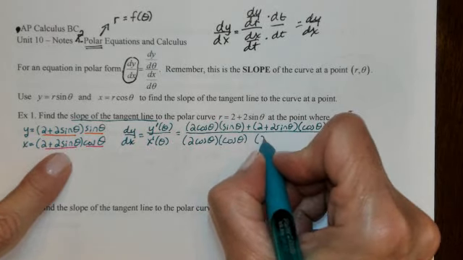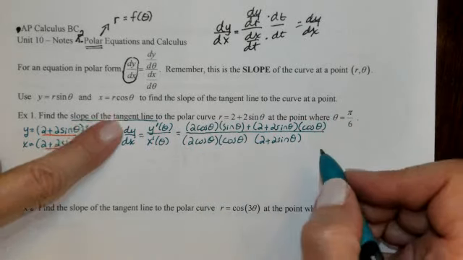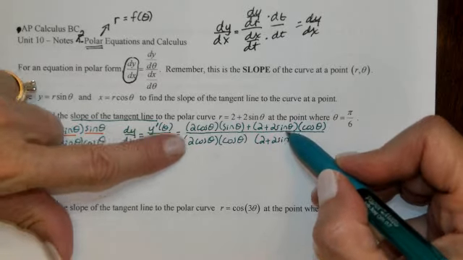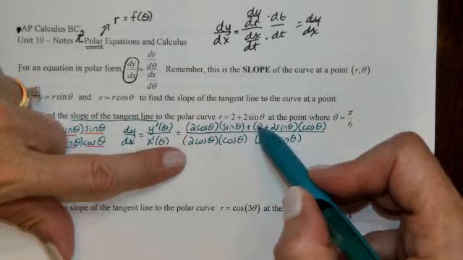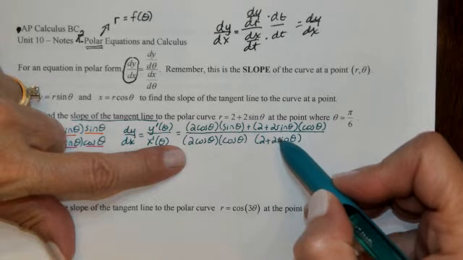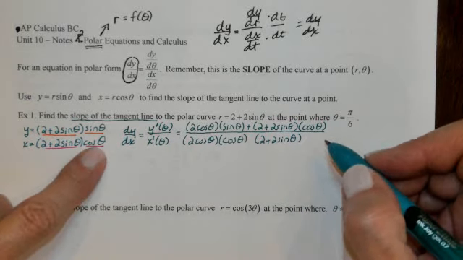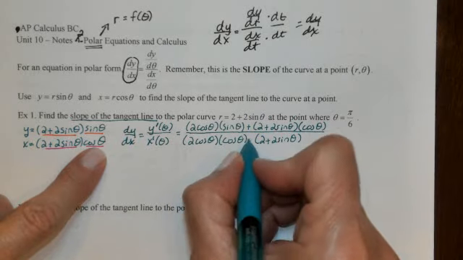Now we're going to leave r alone. So when you're finding dy dx of polars, these two will always be the same, right? Because this is r prime and that's r prime, and this is r and that's r. Okay? And now we're going to multiply by the derivative of cosine theta, which is negative sine theta, right? So that's why I didn't put a plus here.